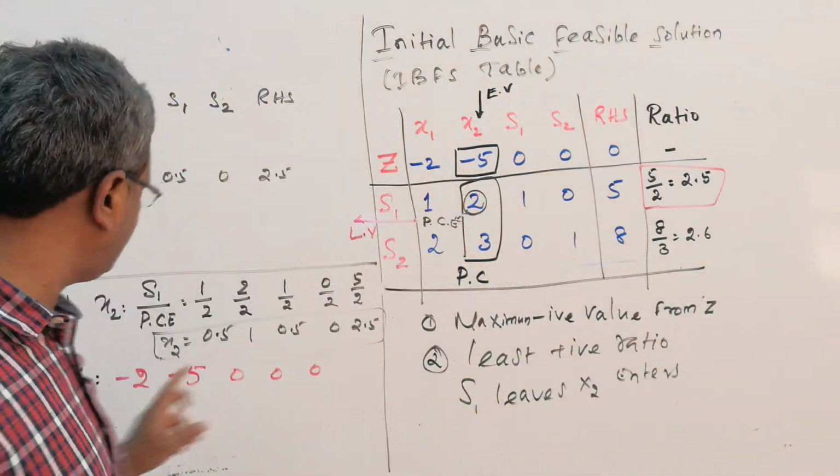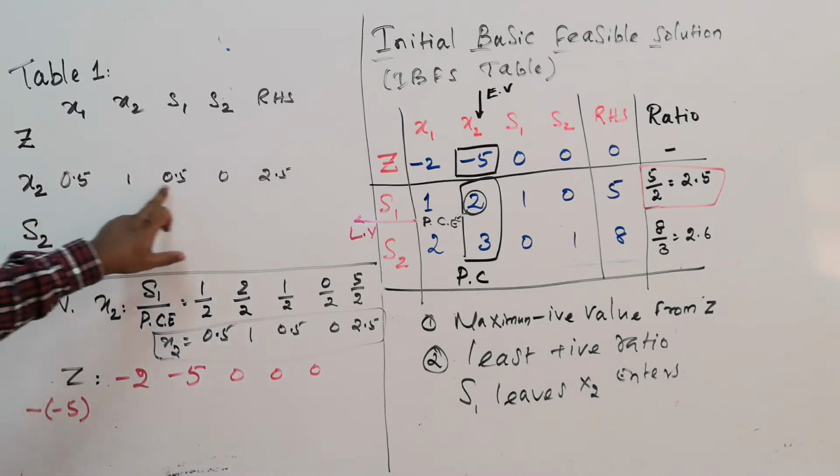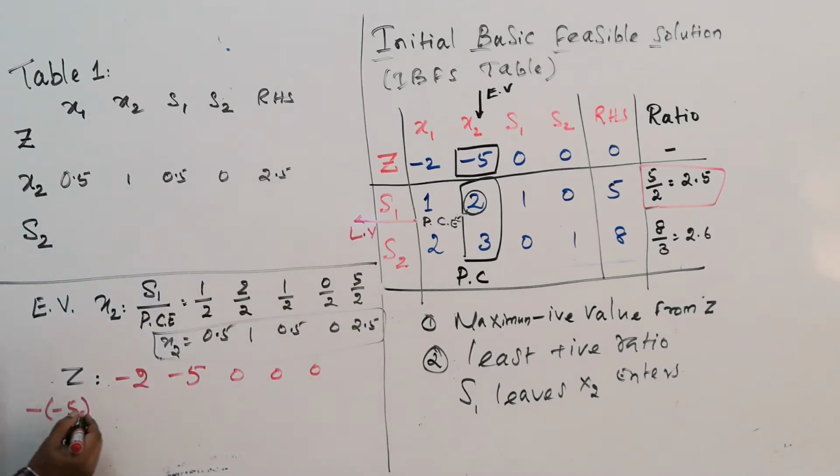I am going to take the opposite sign, that means minus of -5. I am going to multiply the entering variable X2 row by this value. So minus of -5 will become +5.